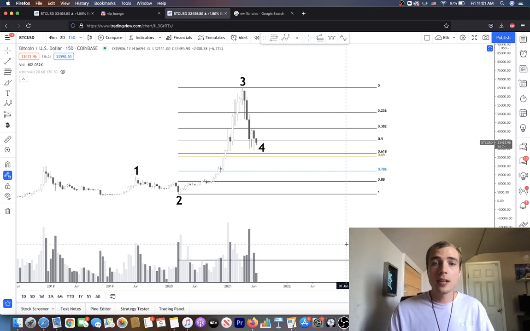I think that's really good that you guys are learning how to count Elliott Waves, but don't think that you understand Elliott Waves fully if you don't yet. Understand where you are in your learning process. One of the mistakes I've made a lot in my trading is thinking that I knew more than I knew.